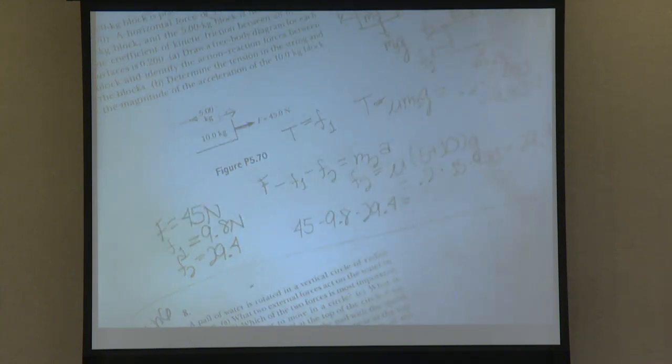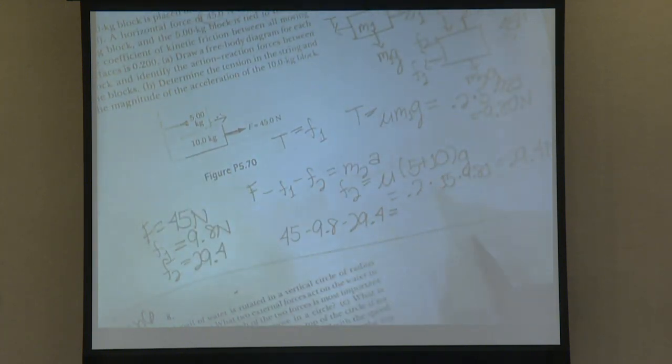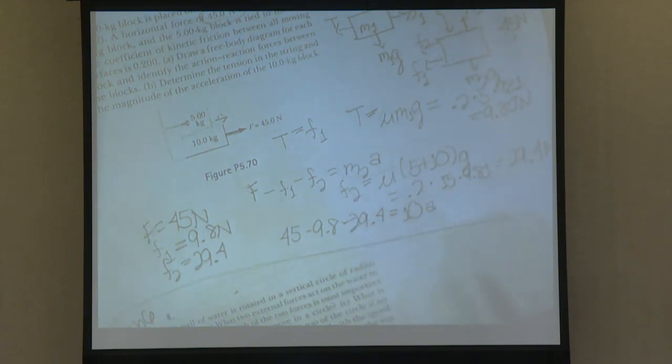So 45 minus 9.8 minus 29.4 is going to be equal to mass 2, which is 10, times the acceleration. When we solve for this, the acceleration is equal to 0.580 meters per second squared.